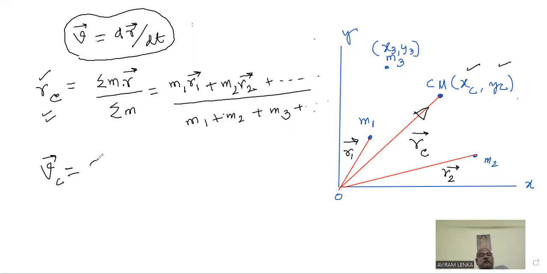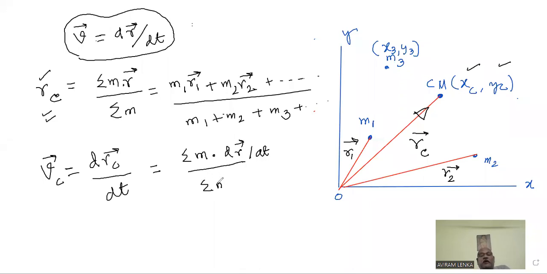That is drC by dt, the rate of change of the position vector of the center of mass, which equals sigma m into dr by dt by sigma m.